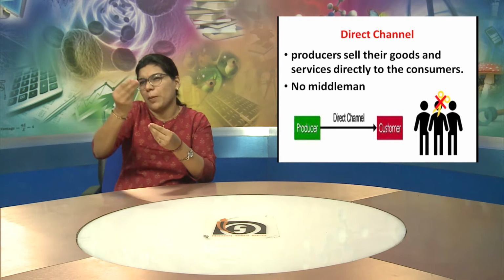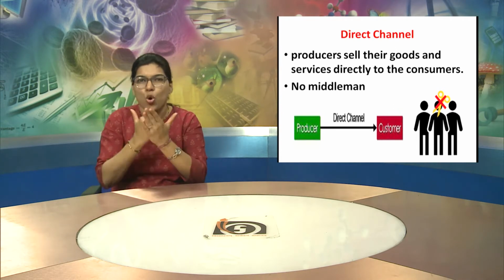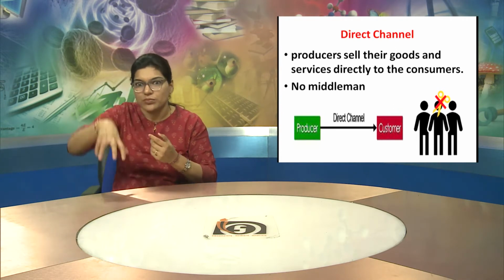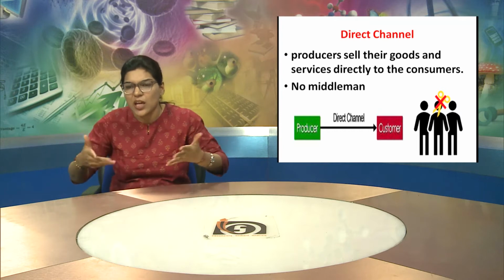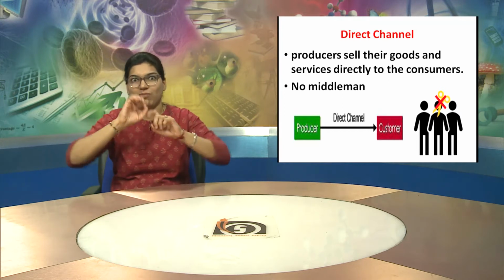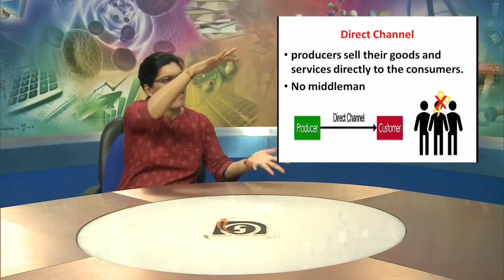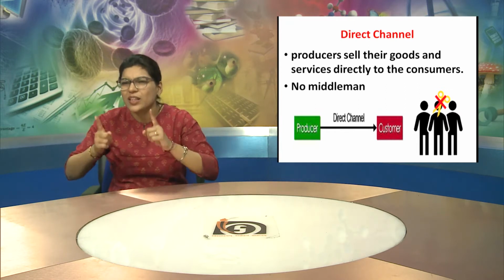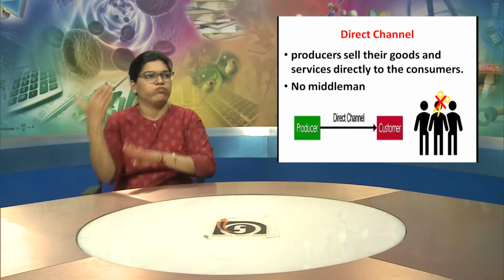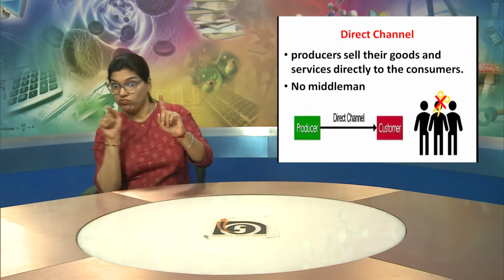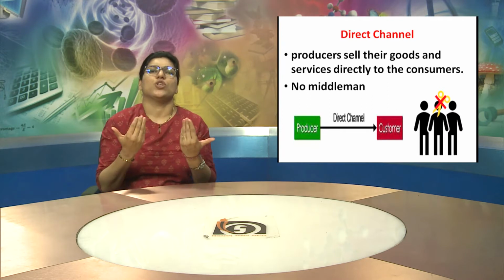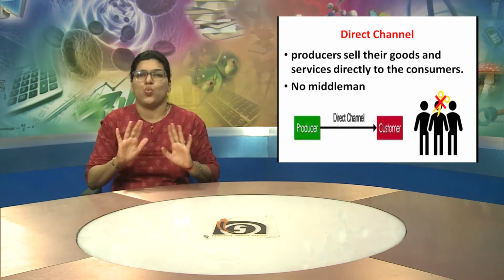Producers sell their products to consumer in bulk quantity, not in any small quantity. For example, for such big events like shadi, matches, etc., one consumer can directly contact the producer to buy products in bulk. Next is, there is no middleman.